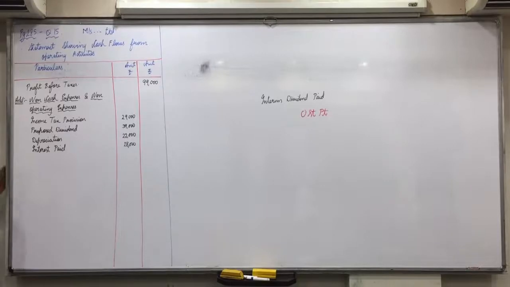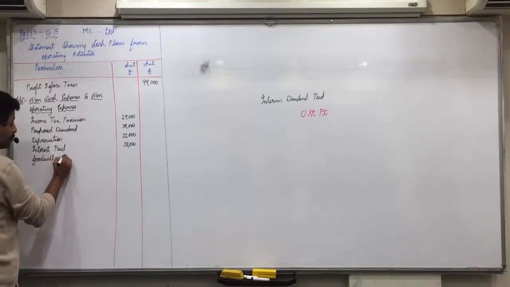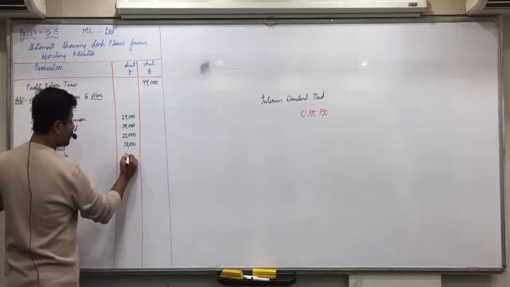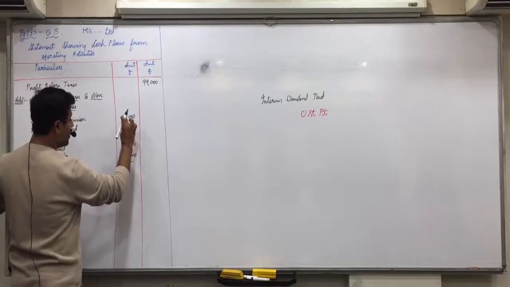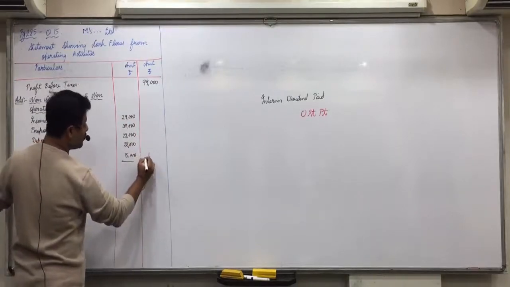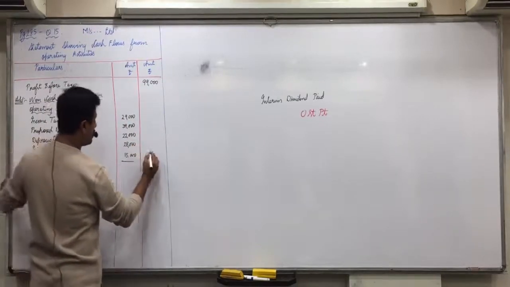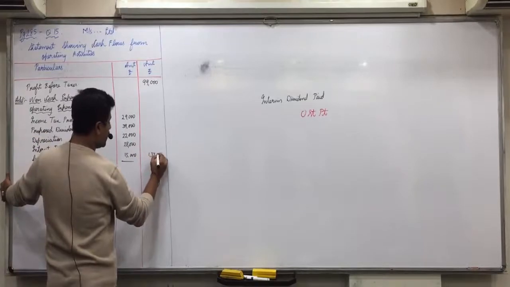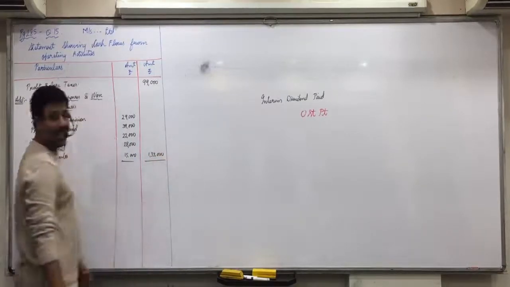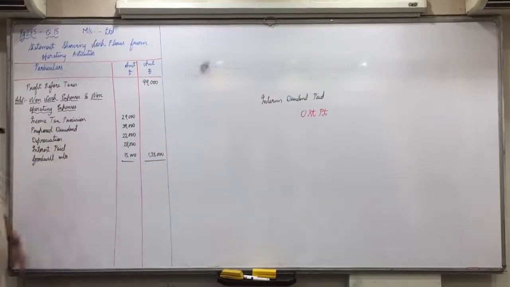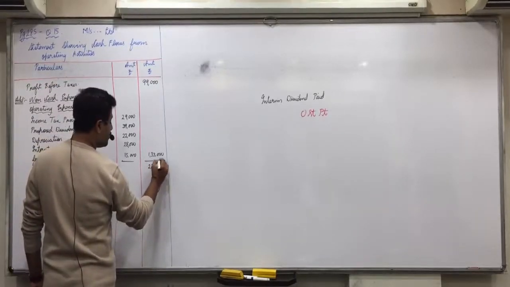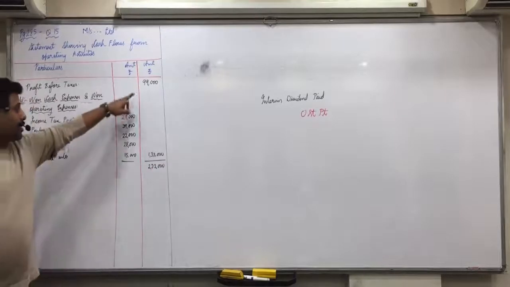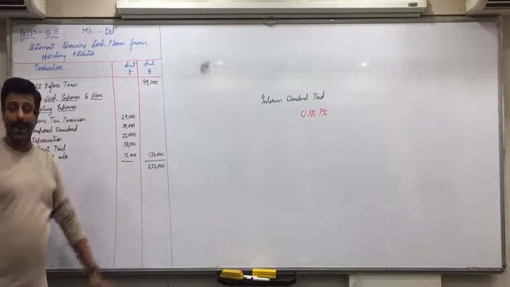Goodwill written off 15,000. 20, 50, 70, 90, 1 lakh, 1,10, 1,28, 1,33. 1,33,000. No other item is marked as O plus, okay? 2,32,000. Okay, 99,000 plus 1,33,000, 2,32,000.